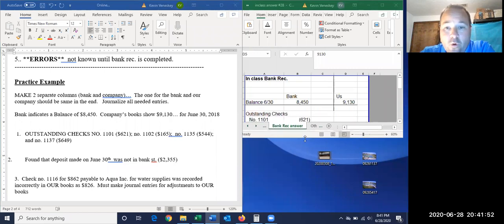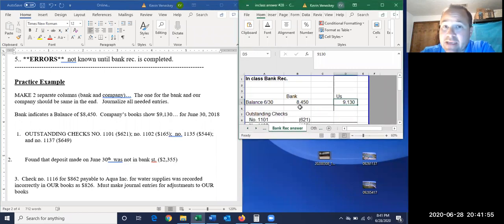We need to record it on the bank side. We need to pretend to adjust the bank's books. So when we adjust the bank's books, we need to show that we wrote a check for $621. So we need to pretend that the bank knows that and then deduct $621 from the bank side.